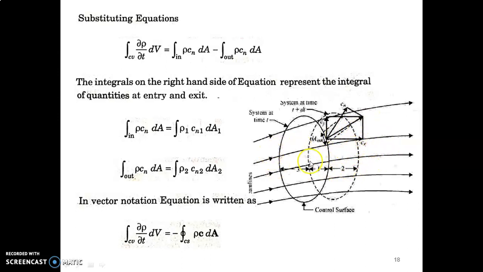So final value minus initial value will always be positive in vector notation. But here the difference is shown as inflow minus outflow, which is the initial value minus the final value. So in vector notation, initial minus final will yield a negative symbol. That's why a negative symbol has come for the surface integral term.